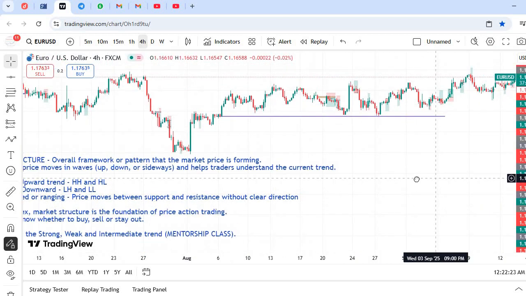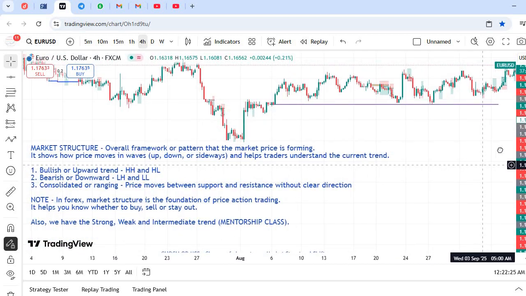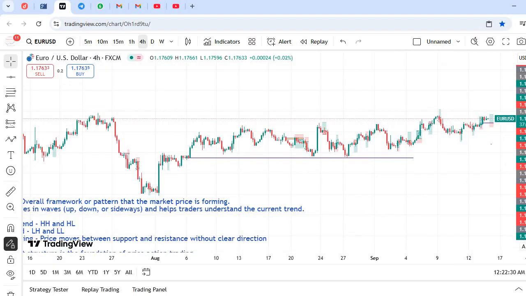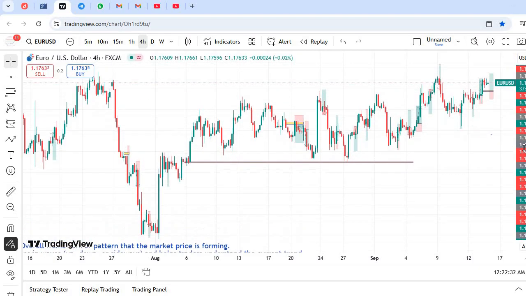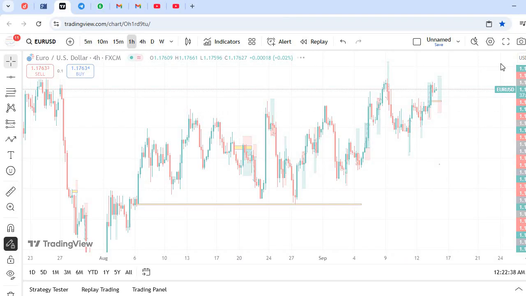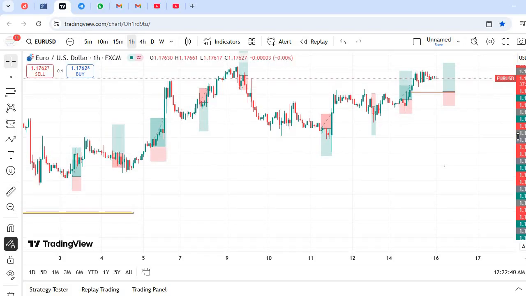Okay, so for instance now, let's look at some examples here on the chart.